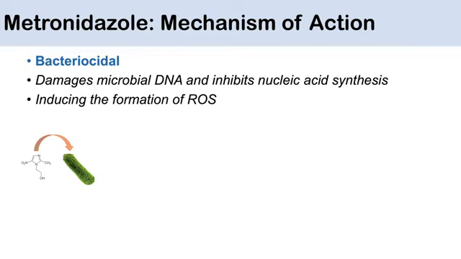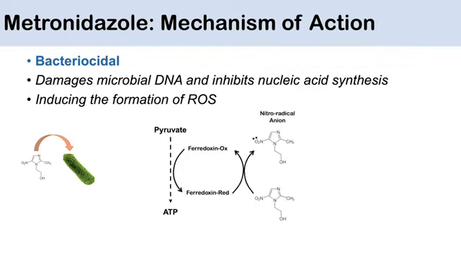killing anaerobes. So in an anaerobic bacteria, they use the pyruvate ferredoxin oxidoreductase system to basically process pyruvate into ATP. So what happens is ferredoxin can become reduced through this reaction, but when metronidazole is around, metronidazole, through its nitro group here, can actually take a few of these electrons.